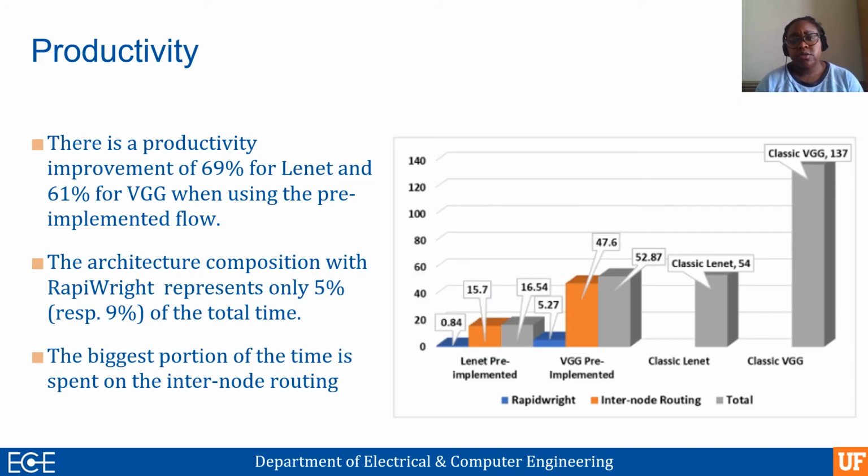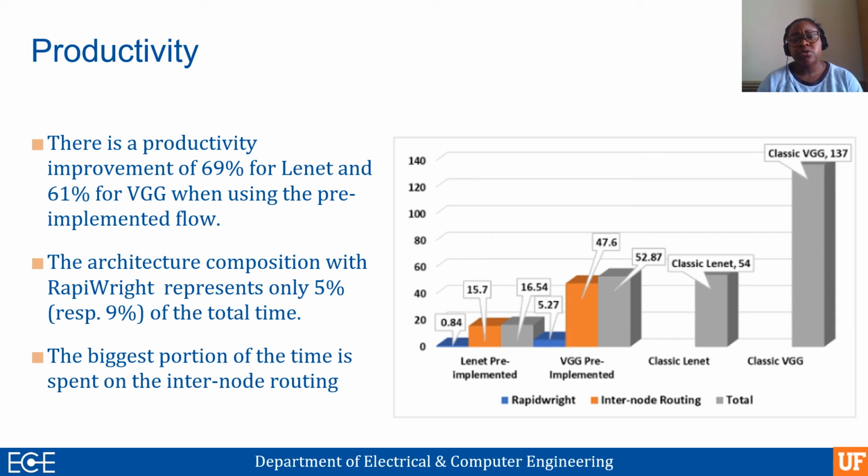Now we're going to talk about the productivity when using the pre-implemented flow rather than the baseline approach. As you can see, for LeNet there is a productivity improvement of 69%, and 61% for VGG, when using the pre-implemented flow. The architecture composition with RapidWright represents only 5% of the overall time.